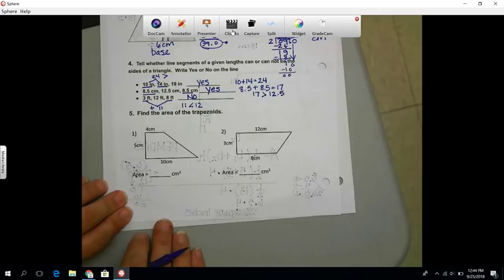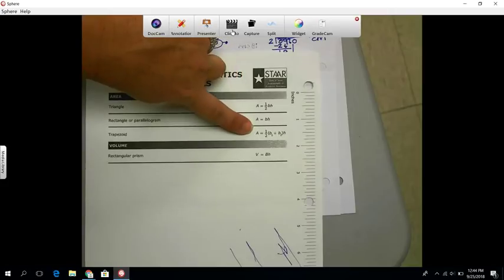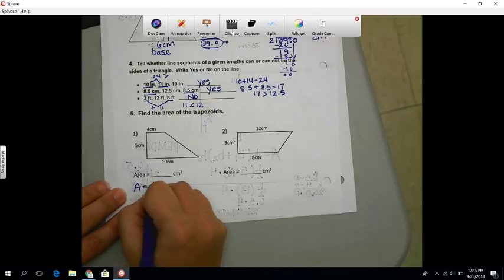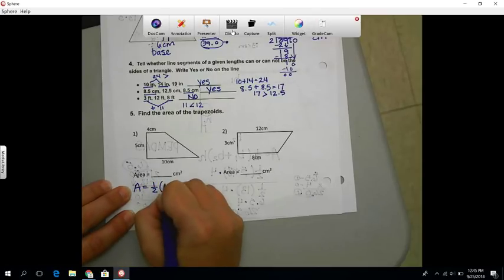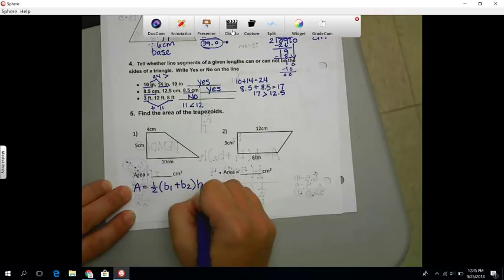The area of a trapezoid, remember, we do not have to memorize this formula. We need to use our star chart. So right here, our formula of a trapezoid, 1/2 base 1 plus base 2 multiplied by the height. So we're going to rewrite area is 1/2 parentheses base 1 plus base 2 times the height.